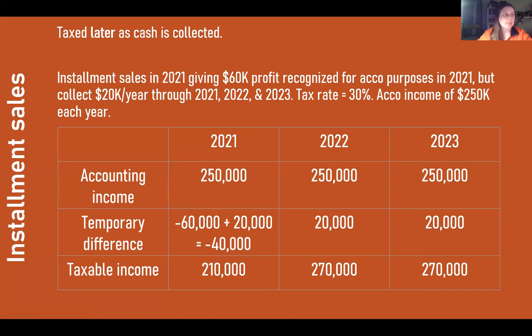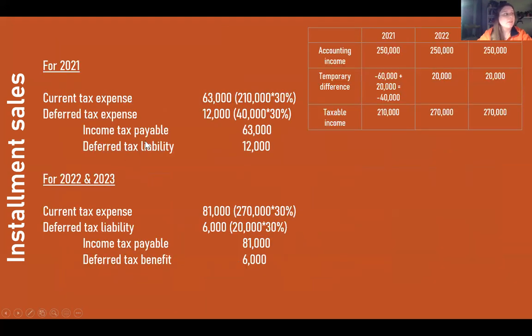And that's going to increase your taxable income to $270,000. Same impact in 2023. So you're paying less taxes in 2021, but in future years, compared to your accounting income, you're paying more taxes. So that means that you have a deferred tax liability. Your taxable income is less than your accounting income, and you're paying more taxes in future years.